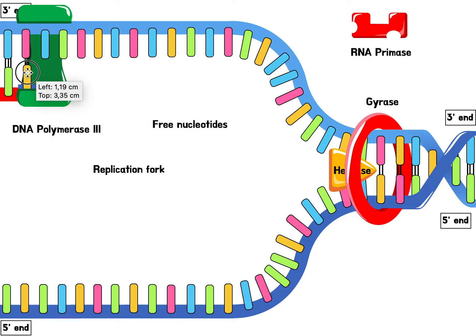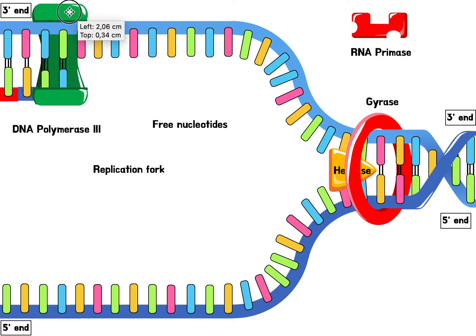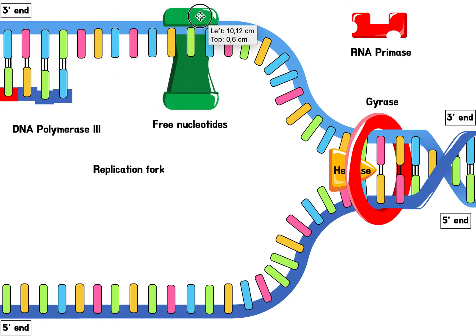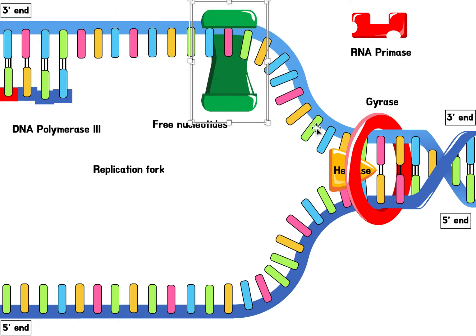So it's going to drag it in, make it bind, just like this, okay? And it's going to continue doing that and match them all. Okay, so here, we did it, okay? Now we synthesized a bit, and what's going to happen next is it's going to move along. So it's going to keep moving along and keep synthesizing all along as this helicase opens up the DNA.